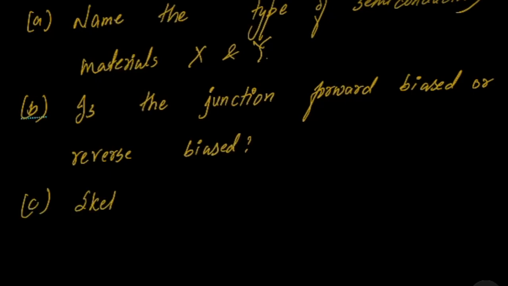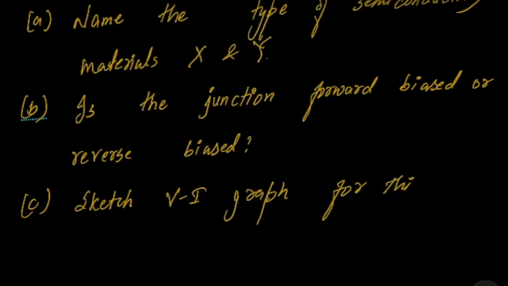C is: sketch the VI graph for this arrangement. So here there are 3 parts and it is of 3 marks, so we can take it as 1 mark for each.